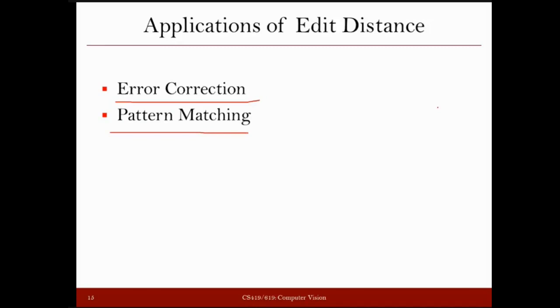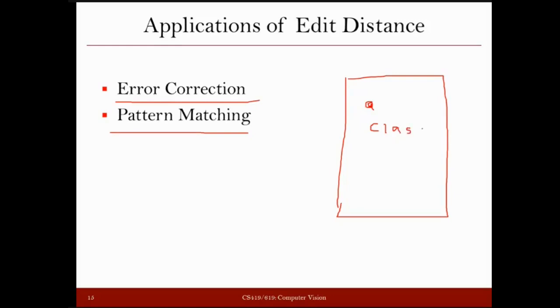Okay. One good example is, let's say you have a document that you have digitized. This was, let's say, paper, and you have scanned it. Let's say there was a word class in the text.